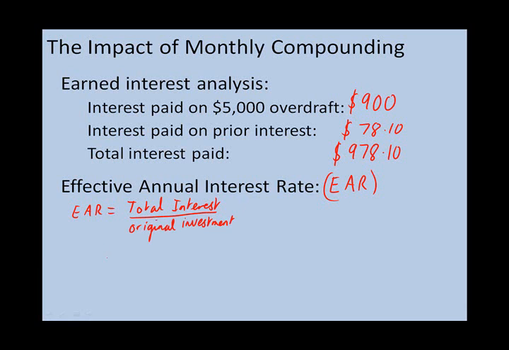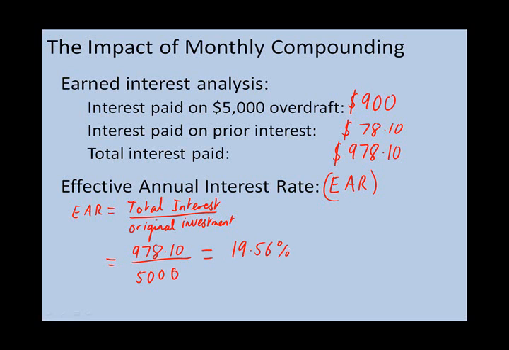If we think about the example above, the total interest paid with monthly compounding is $978.10. The original investment in this case was the $5,000 that we borrowed, which gives us an effective annual interest rate of 19.56%.